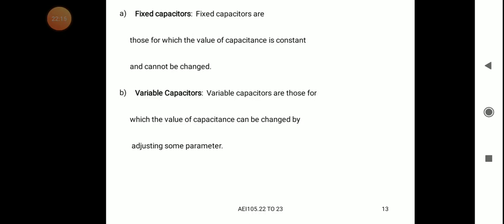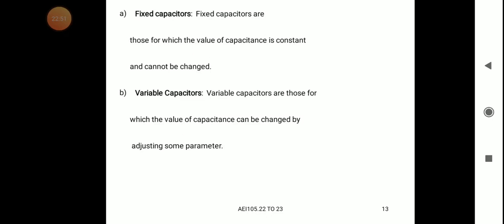Another one is the variable capacitor. Variable capacitors are those for which the value of capacitance can be changed by adjusting some parameter. Generally there are three parameters. The first is the area of the plates; if you change the area of the plates, the capacitance value changes.